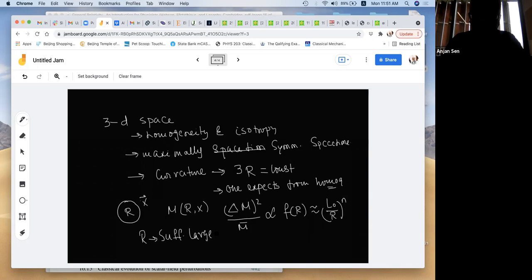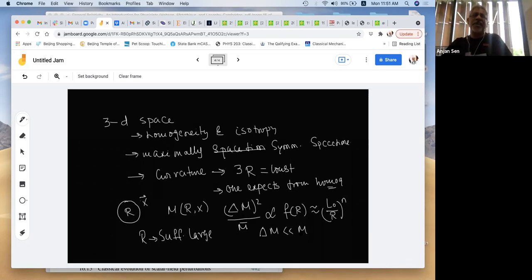then I can say that this delta m will be much smaller than the m. And this sufficiently large r is roughly around 200 megaparsec. So that is a more precise statement: if I take a universe size of around 200 megaparsec, and take that box at a different location, statistically the properties inside the box will be roughly the same.